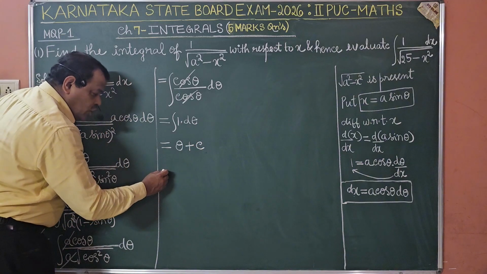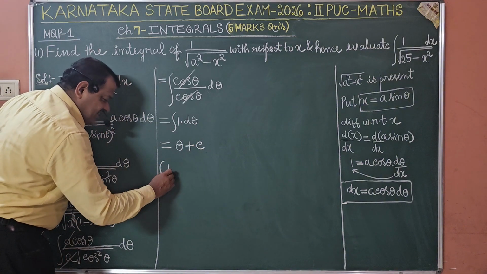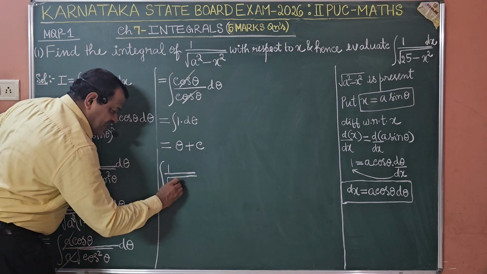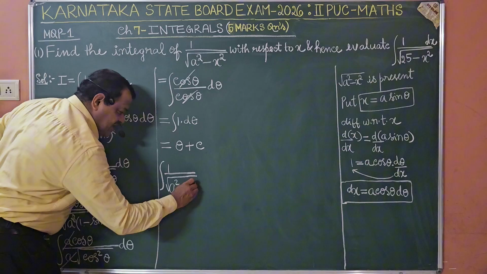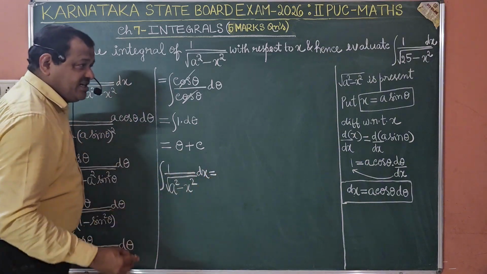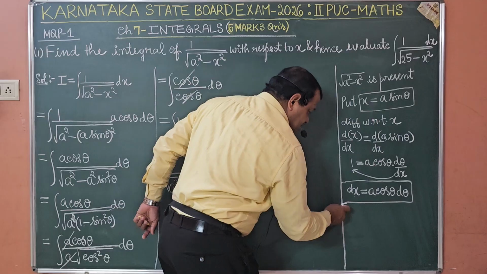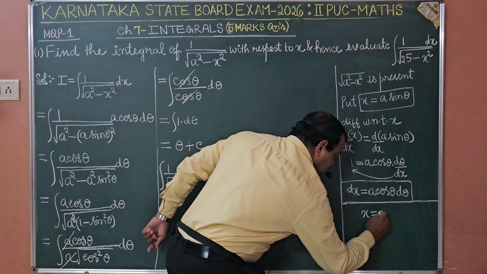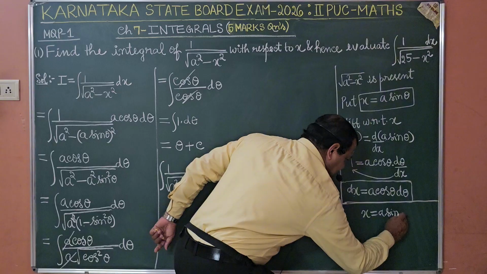Now I show you what this theta is. But meantime I will write the left hand side. Left hand side is our given question: integration of 1 by root of a square minus x square dx. Now theta, come back to the rough work side. So we have x is equal to a sine theta.